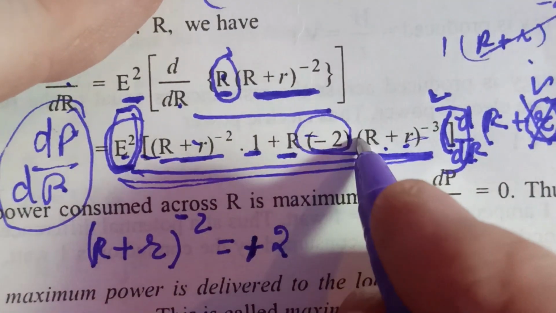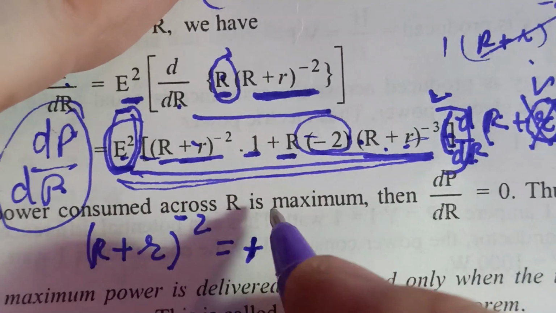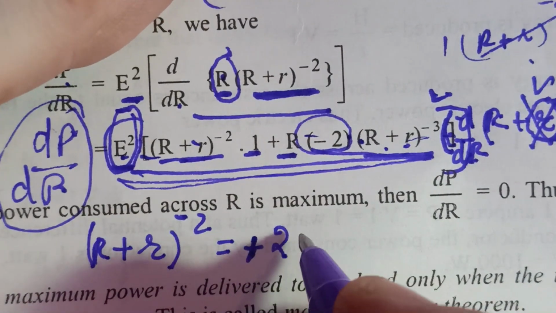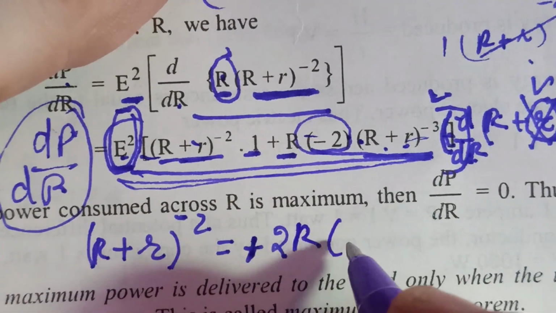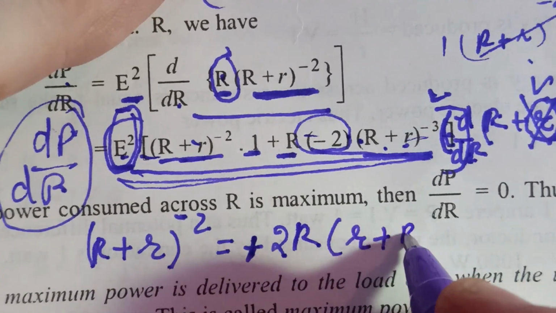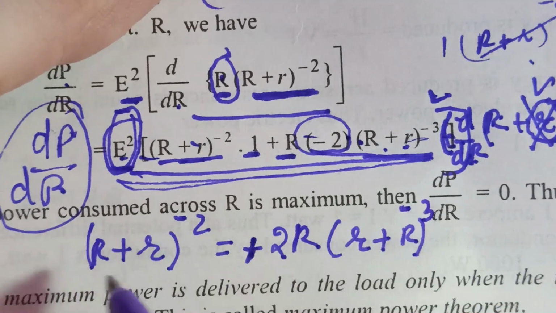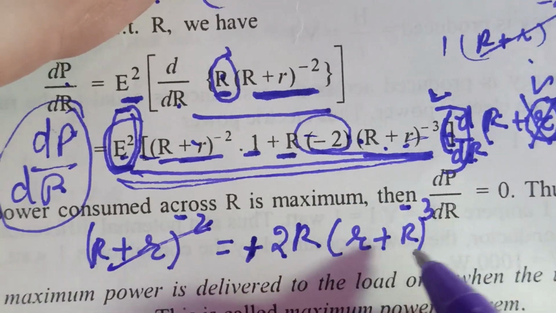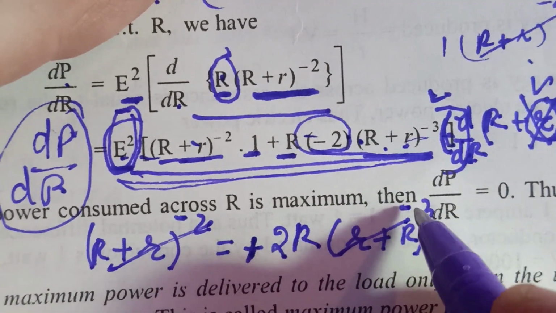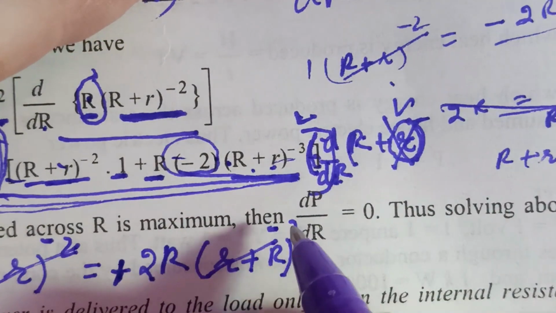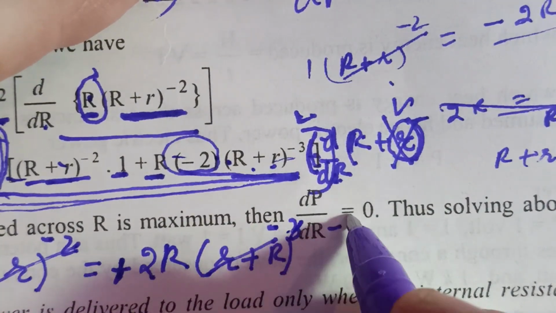This factor is taken to the right hand side, so that becomes plus 2r times (capital R plus small r) raised to power minus 3. So this whole cancels with this one and the power becomes minus 1.